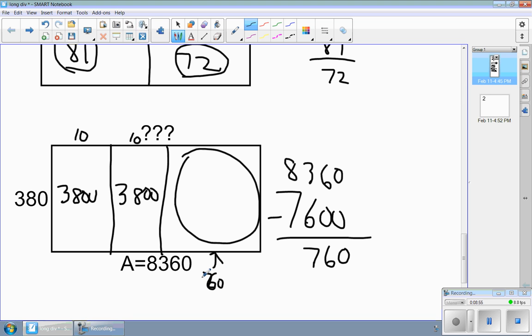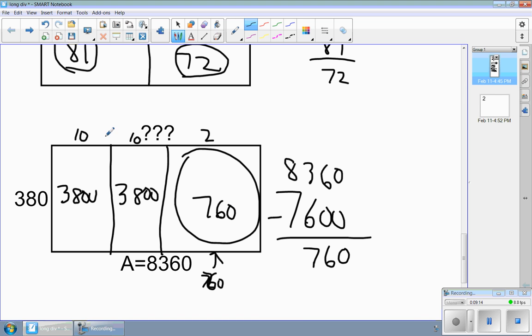So once again, using trial and error, we can say it goes in there one time is too little, and it happens to be exactly 380 times 2. So this distance would be 2, because 380 times 2 is 760.